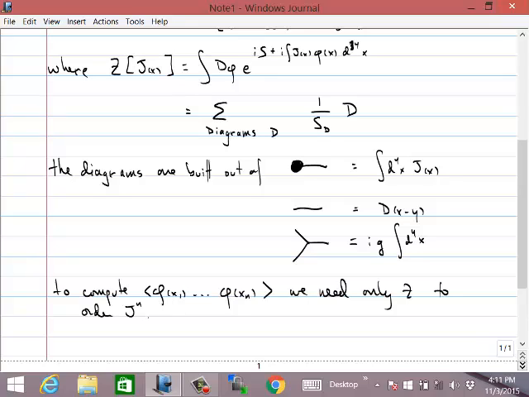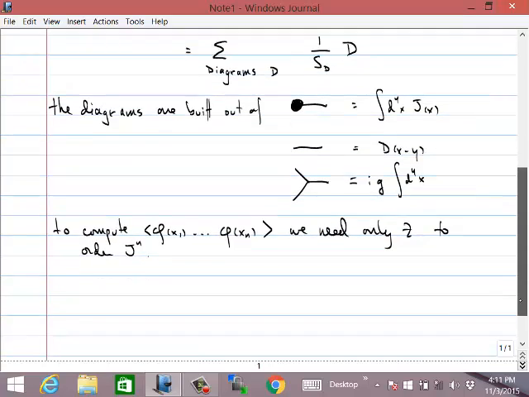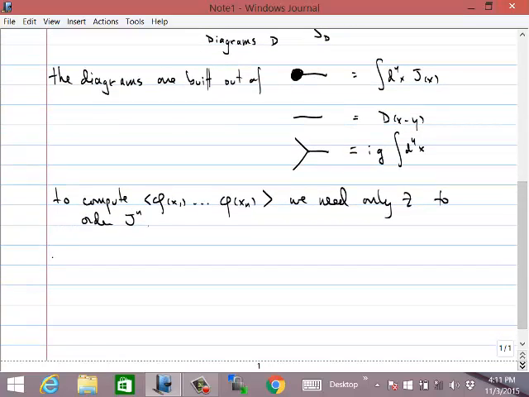So sometimes when you see people discuss Feynman rules, or position space Feynman rules as they are called, sometimes people don't actually even phrase it in terms of a computation of the partition function, because what we could do is we could rephrase the Feynman rules that I just wrote down for you as the statement that if we want to compute, say, this expectation value, phi of x1 up to phi of xn, we can just use the following algorithm.